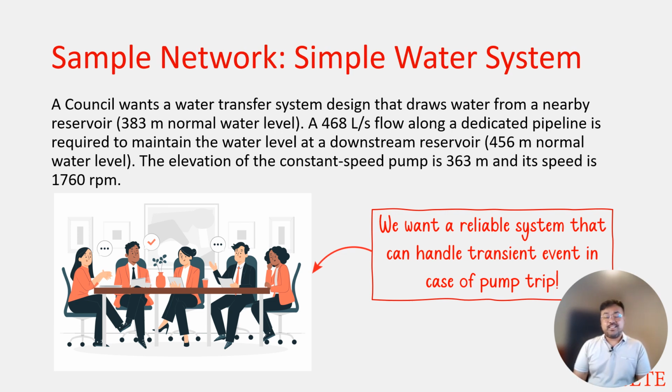The pump is located at an elevation of 363 meters, operating at 1,760 revolutions per minute. This is a fairly common configuration in water distribution networks, and it provides a good example of how transient events, such as pump shutdown, can affect the system.